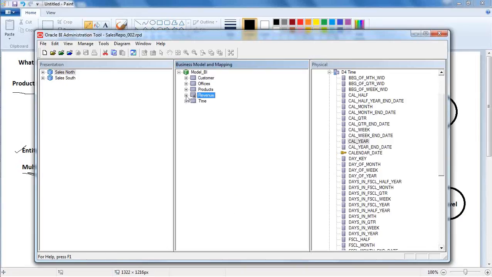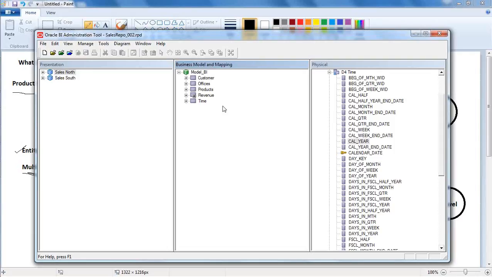Now I cannot avoid creating a multidimensional model here in my BMM layer, because without a multidimensional model, my OBIEE will not be able to do any reporting that is required. In the sense, you can still do it, but the core idea of building this kind of solution is the multidimensional model, because even the reporting part is leveraged based on this model.